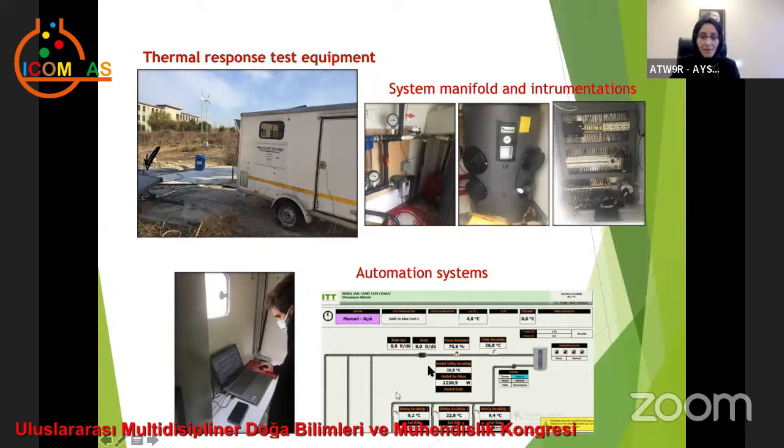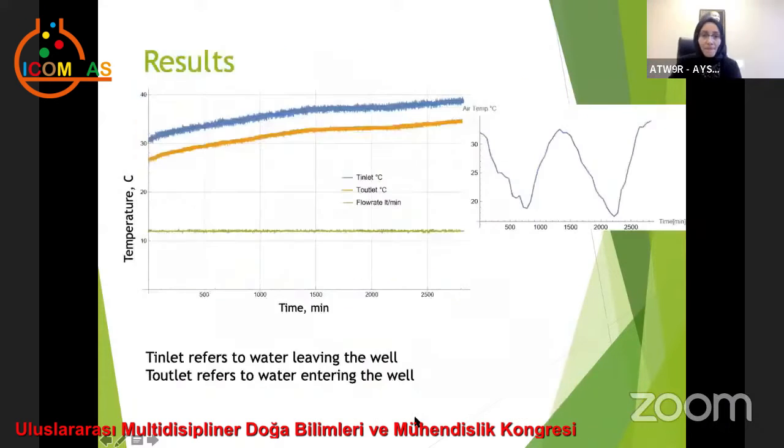So here is how the automation system looks like. We set the heat rate, and then we measure the temperatures here. And this is our preliminary results. You can see we set the flow rate, 11 liters per minute, and these are the temperatures.